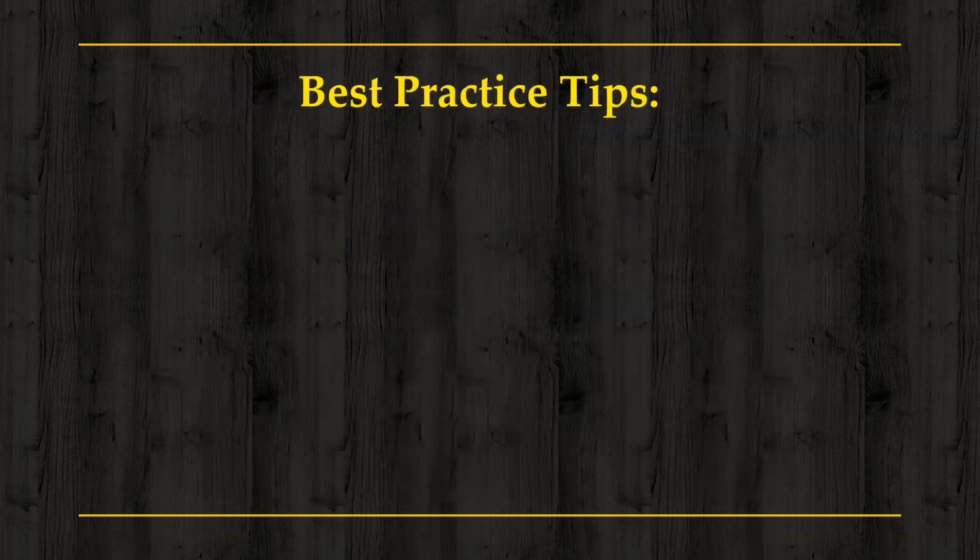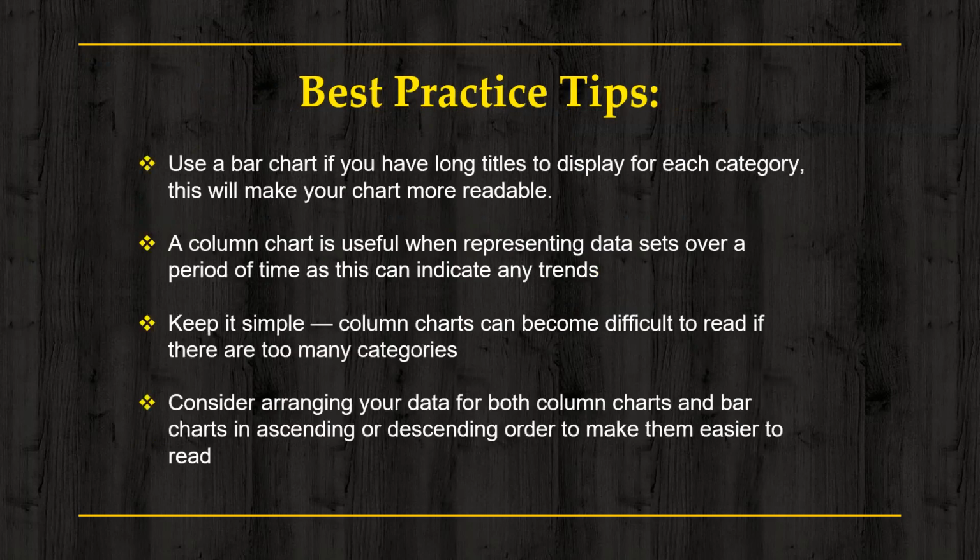And one more thing, I'm going to share some best practices. So for example, let's say you have to use this bar chart and column chart for these kinds of scenarios. So use a bar chart if you have long titles to display for each category. Okay, this will make your chart more readable. A column chart is useful when representing data sets over a period of time, as this can indicate any trends, right?